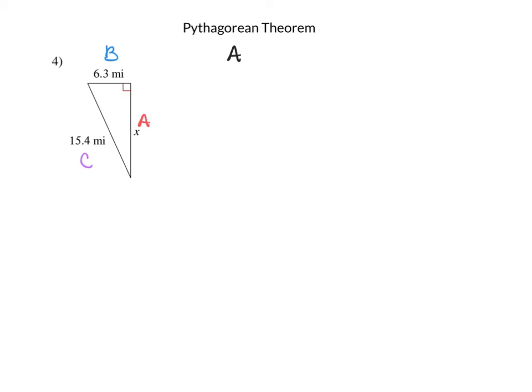So now we're going to write the equation, a squared plus b squared equals c squared. We're going to plug in our numbers. X squared plus 6.3 squared equals, this is a 6.3, let me make sure you can see my decimal, equals 15.4 squared.